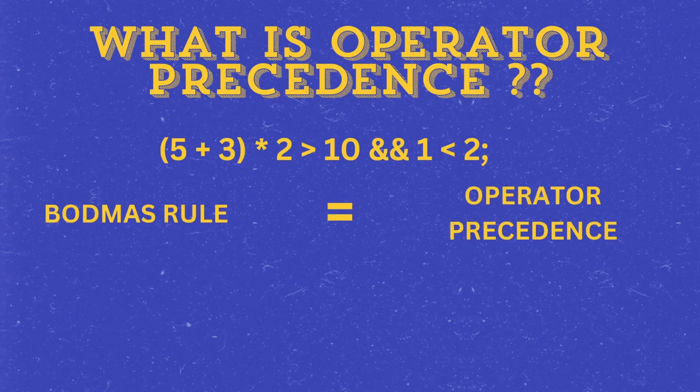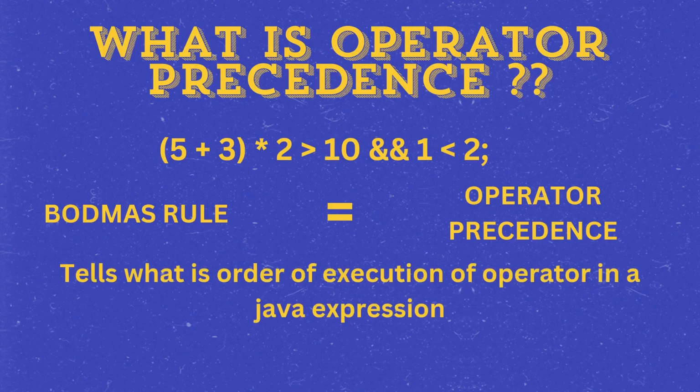So you can relate operator precedence to the BODMAS rule. This operator precedence is a rule which will help you to know which operator should be executed first, second, third, and so on in a Java expression. So it will tell you the order of execution of operators in a Java expression.